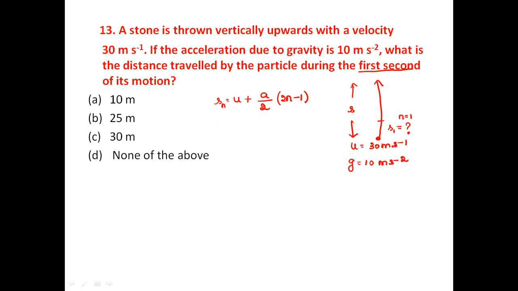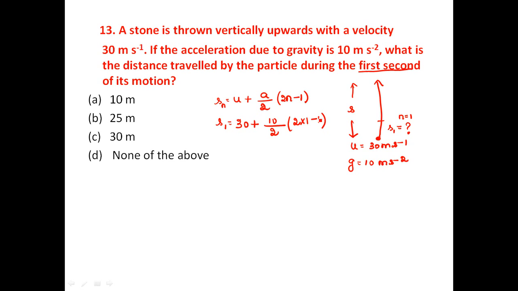Hence I'll write S1 as equal to, what is u here? It is 30 plus a will be taken to be g, acceleration due to gravity, which is 10 by 2, into 2 into 1 minus 1.